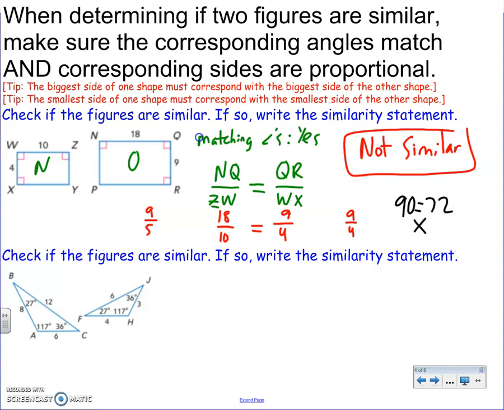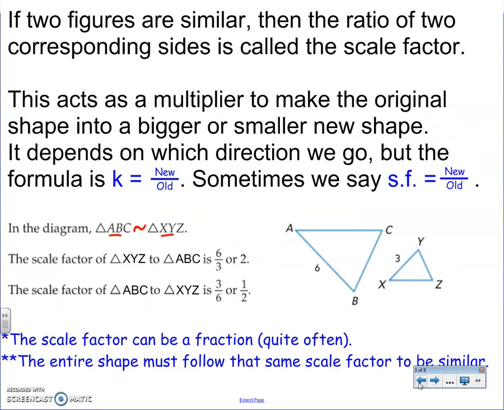That's not even matching, so this proves that those fractions are not equal. You could set two pairs together and see if they're equal. If not, just do one pair, find the scale factor, and see if that matches the scale factor of the other pair. Again, it must have the same scale factor for the entire picture to be similar.